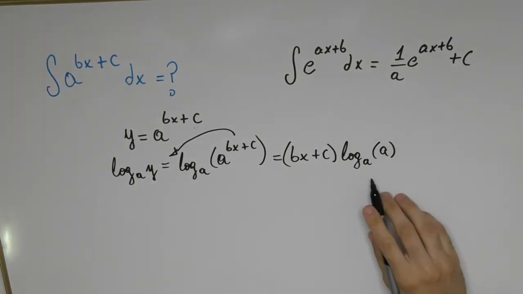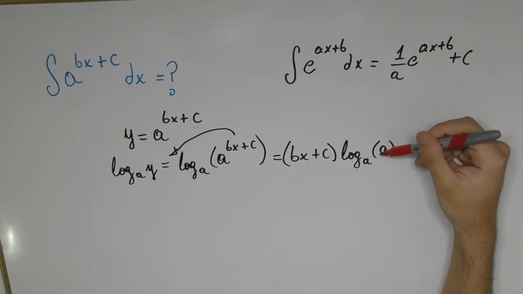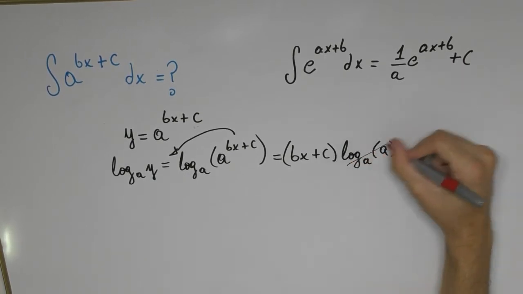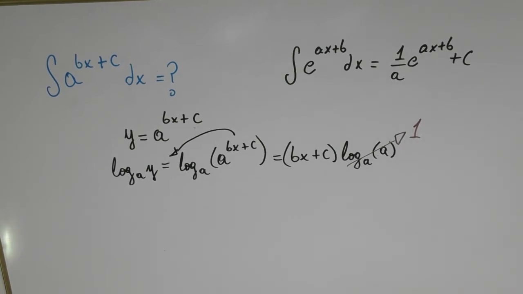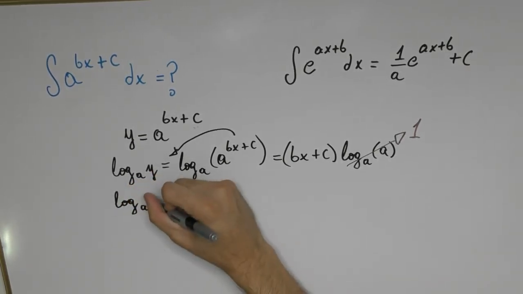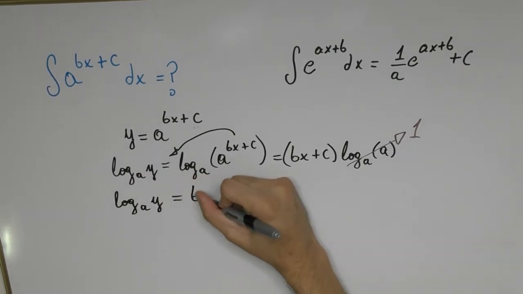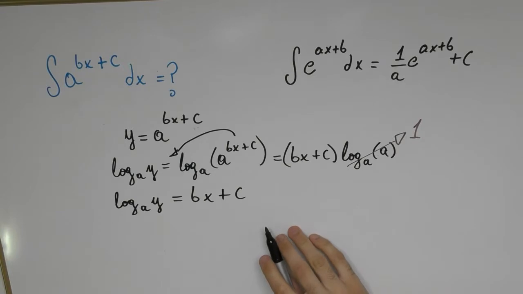Now the second property of logs that we're going to apply is the fact that when the argument is equal to the base, this is going to become 1. So now we basically end up with the following expression: log base a of y equals bx plus c, where a, b, and c are constants.